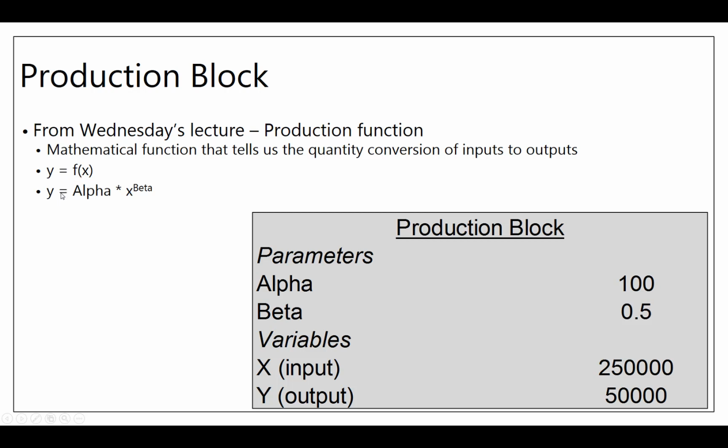We need to give it a format, and that's what this is. y is equal to some alpha, which is a parameter, multiplied by x raised to the value of beta. Alpha is 100, beta is 0.5, and I think if you plug these numbers in, you would see that 250,000 units of input generates 50,000 units of output.